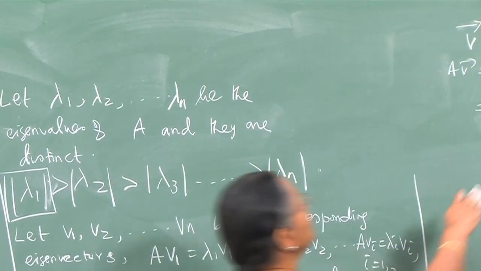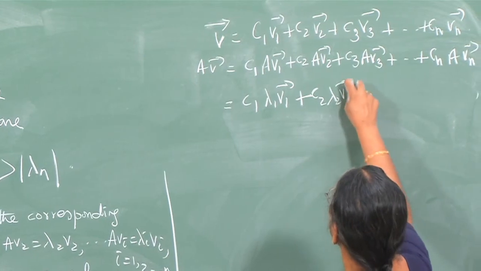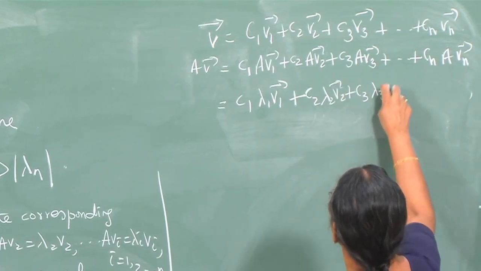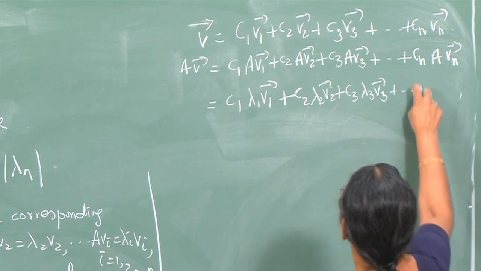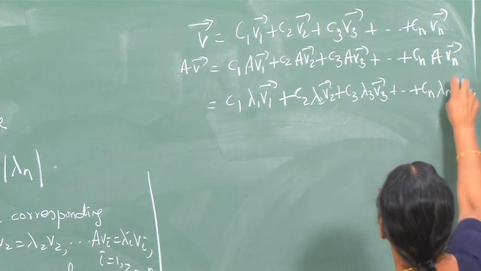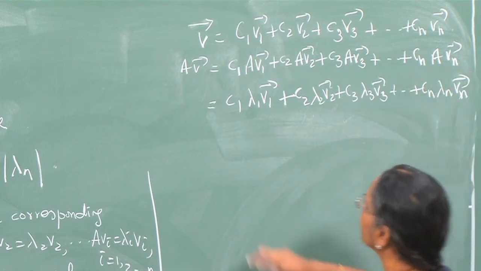So, I substitute for A V2 as lambda 2 V2, A V3 as lambda 3 V3 and so on, A Vn as lambda n Vn.